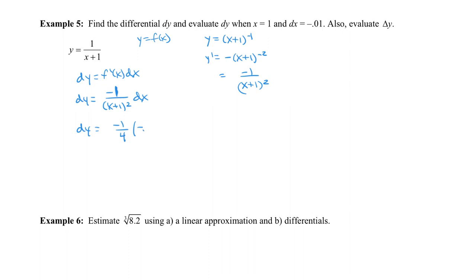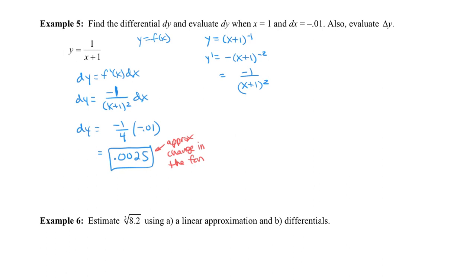And then dx is negative 0.01. And negative times negative is positive. You get 0.0025. Remember, we found dy, so we're finding the approximate change in the function. Okay, it's not the actual change. The actual change would be delta y, right? The actual change in y. But this is the approximate change in the function.